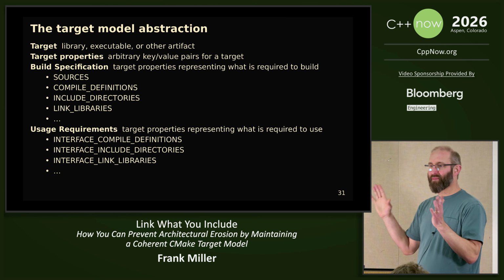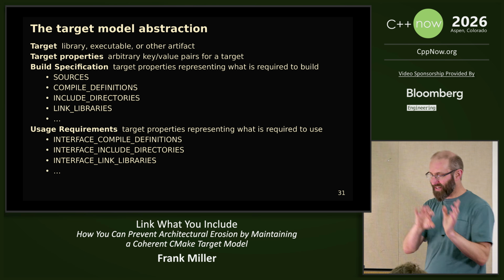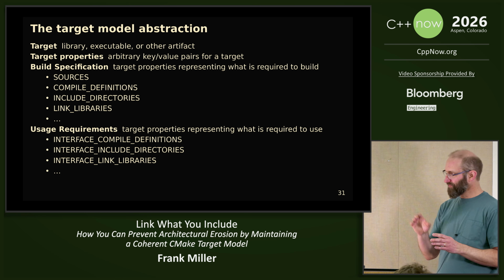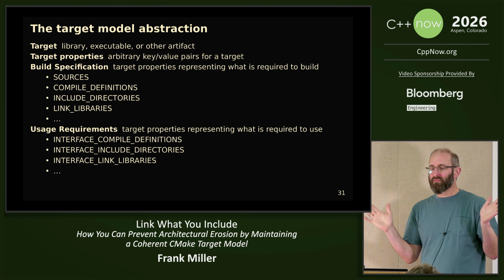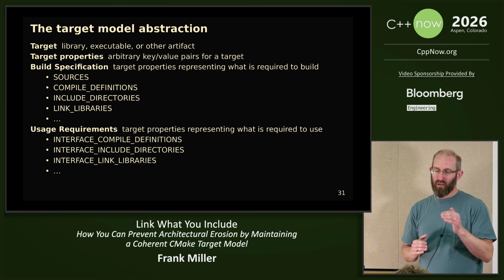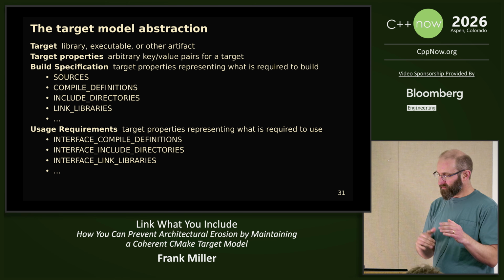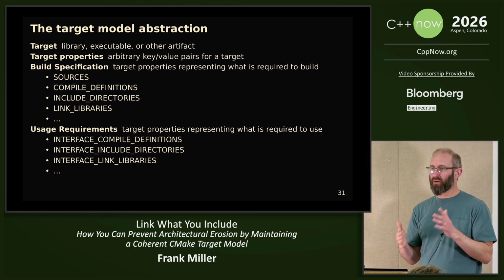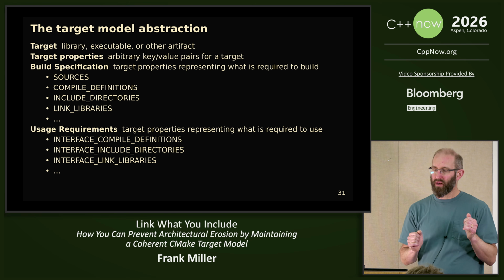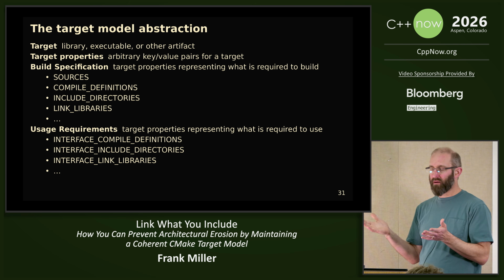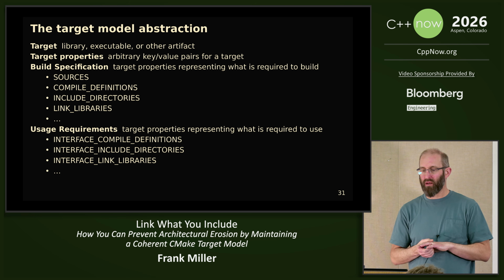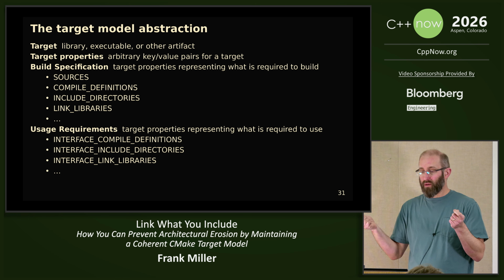So the target model abstraction that CMake has takes this and runs with it. So what is the target model abstraction? You've got a target, a library or executable or some other artifact, and each target has target properties. This is an arbitrary key-value pair that can be attached to the target. And I say arbitrary, and it literally means arbitrary.